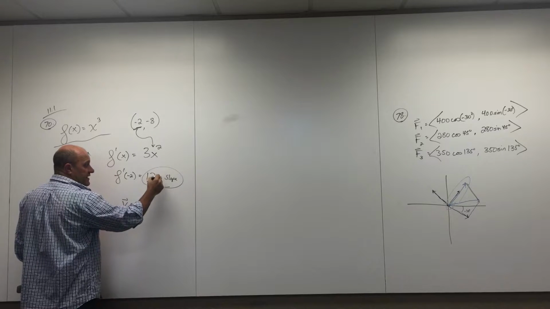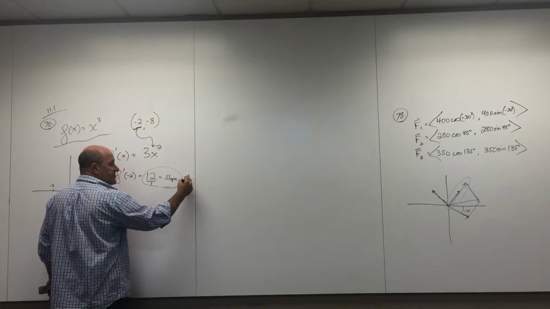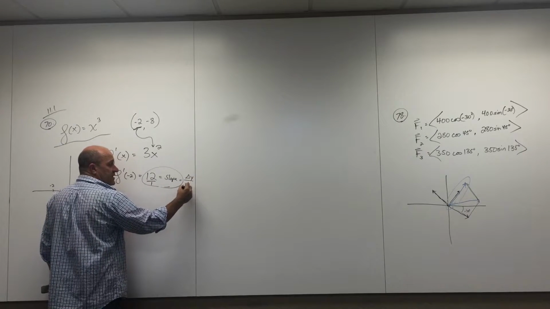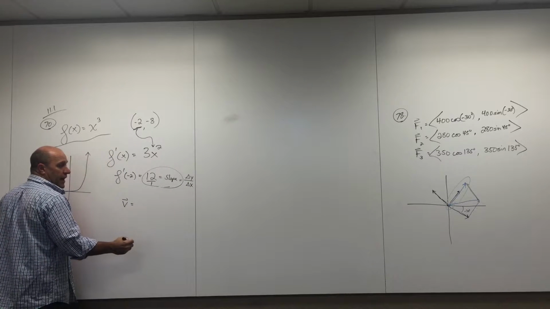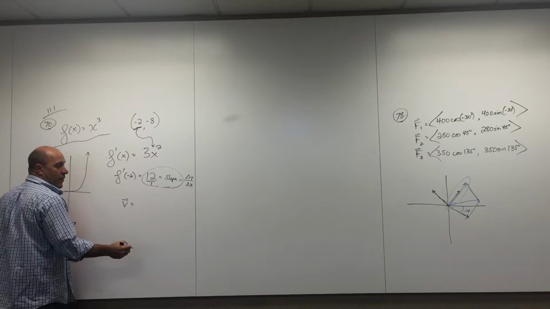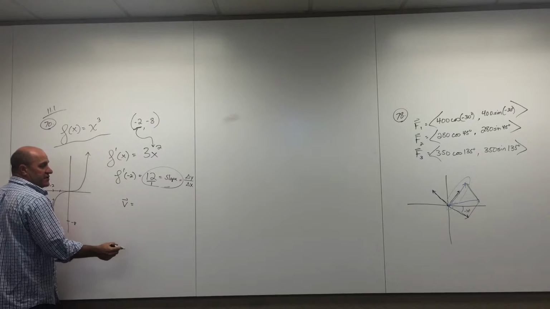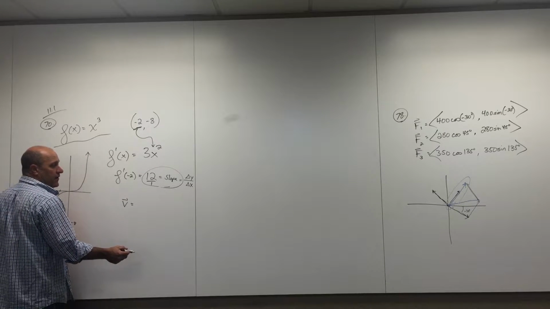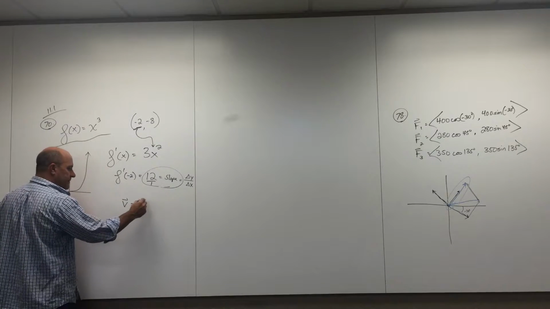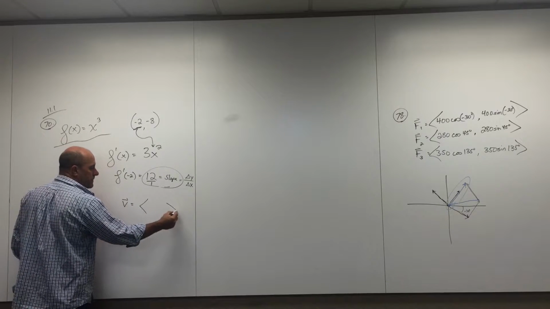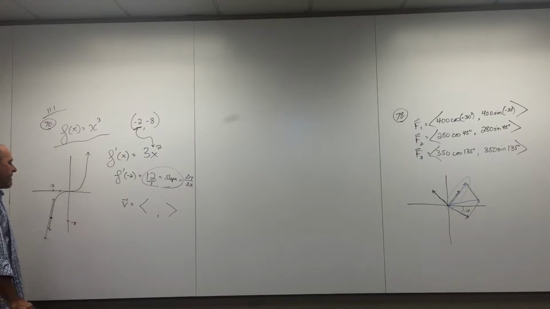The 12 is the change in y over the change in x. That's what a slope is, a rise over a run, or change in y over a change in x. So how do I write a vector that does that? Maybe I write 12(1).